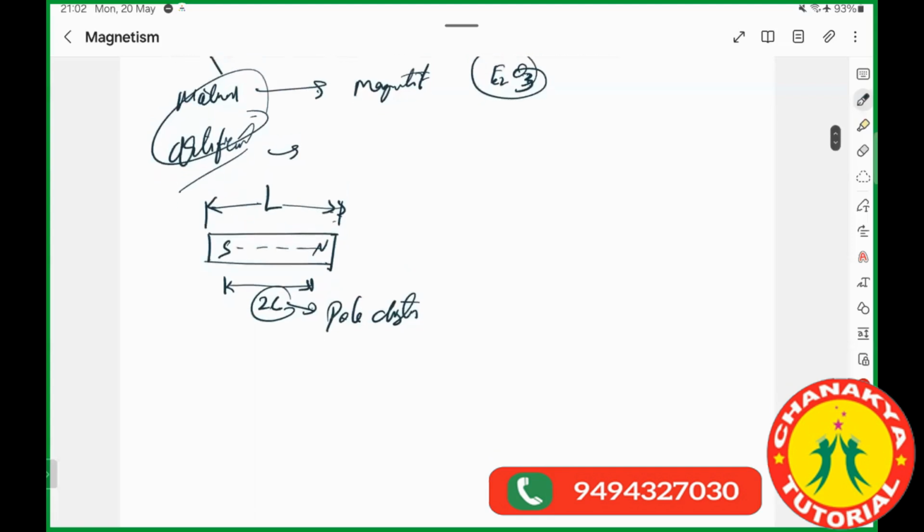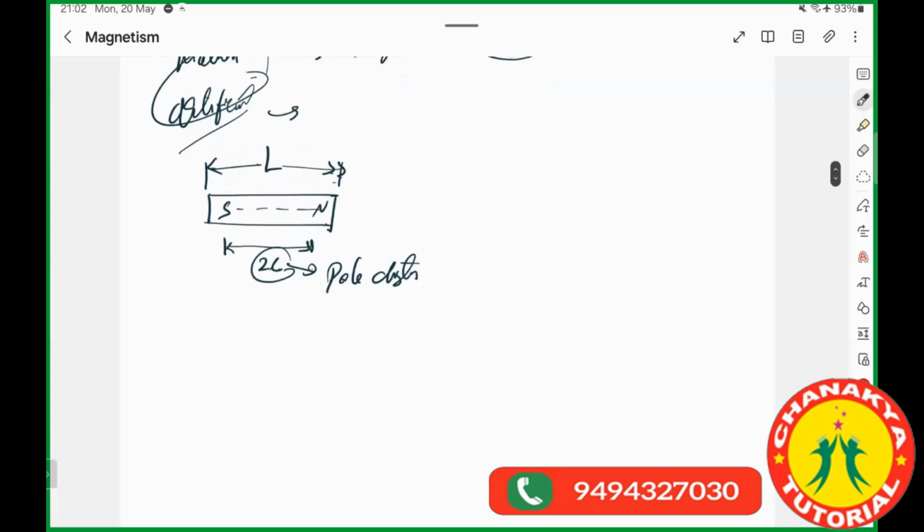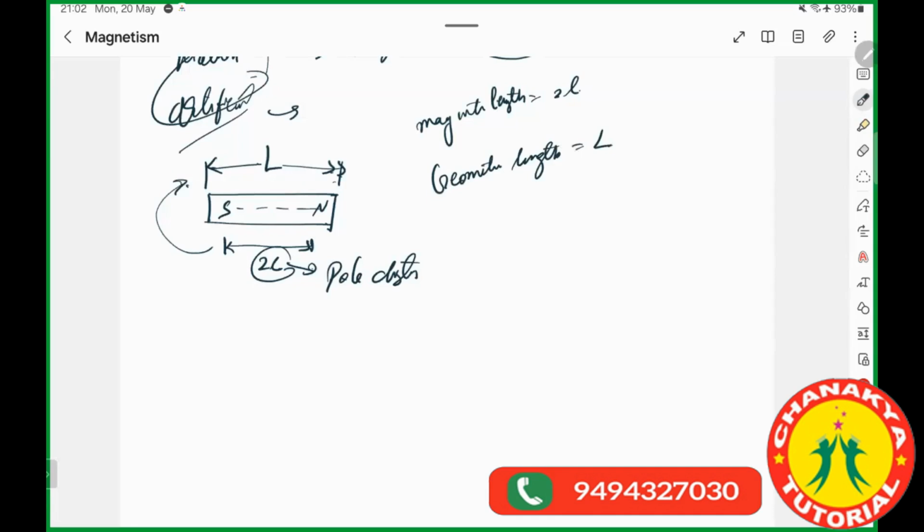So only this distance is considered, not the geometrical length, not the exact length. It's pole to pole, south to north pole. There might be a possibility that they are equal, but we will consider 2L. So magnetic length is 2L and geometric length is L.